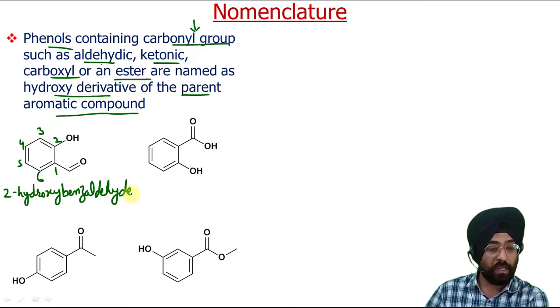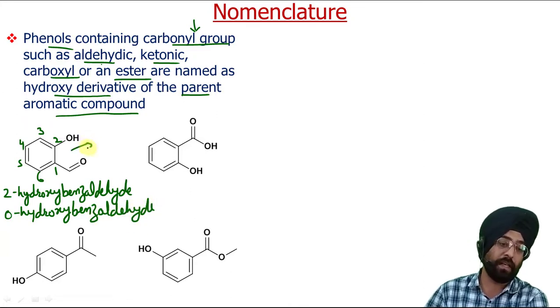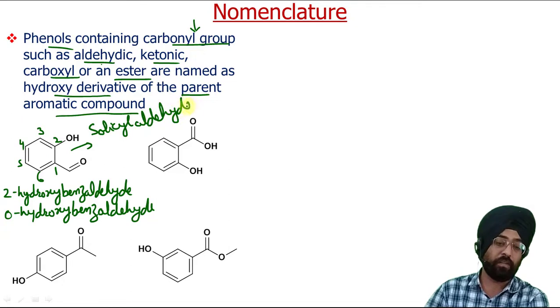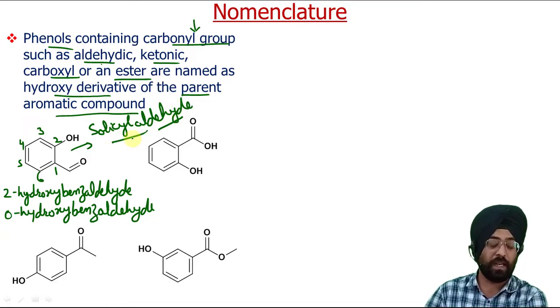So in common name it will be ortho hydroxy, because 1 2 is ortho hydroxy benzaldehyde. So its common name is salicylaldehyde. This is also called, this is trivial name, salicylaldehyde. This is also famous by this name, salicylaldehyde. So you should remember all these names.